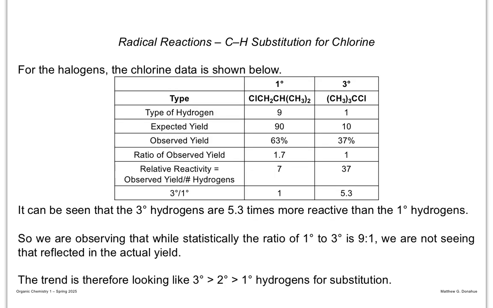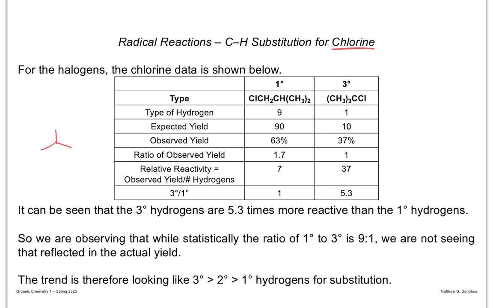So we're going to run through this now again for the 2-methylpropane, first using chlorine and then using bromine on the next slide. The same sort of analysis, your expected yield is 90 to 10.